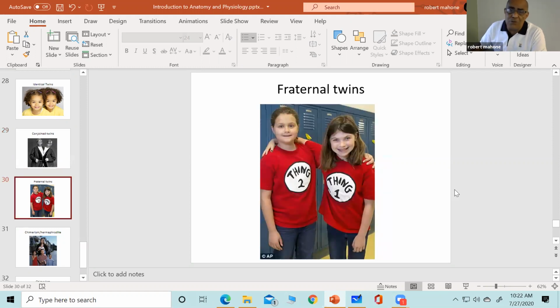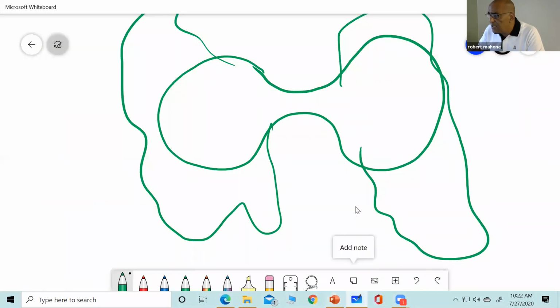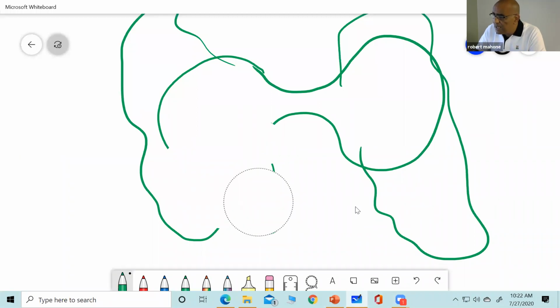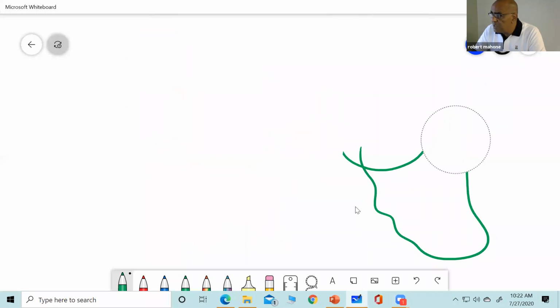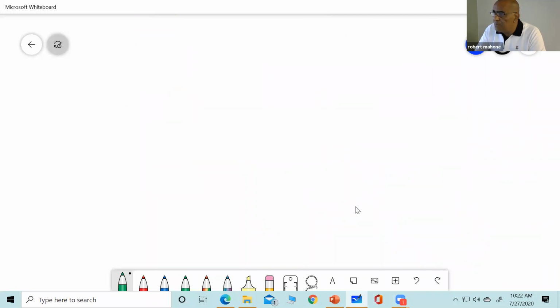And then fraternal twins. Now, what happens with these folks is that instead of one egg splitting into two, this is a lady who ovulated 2 eggs at once.